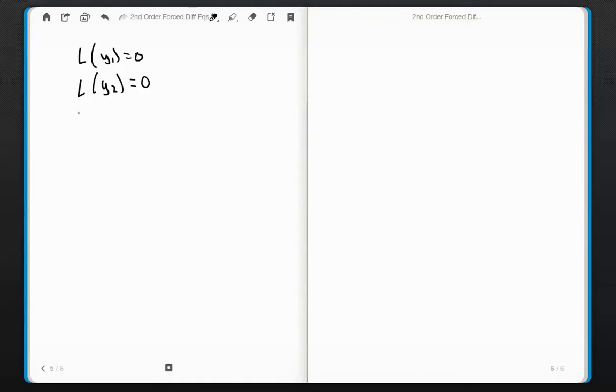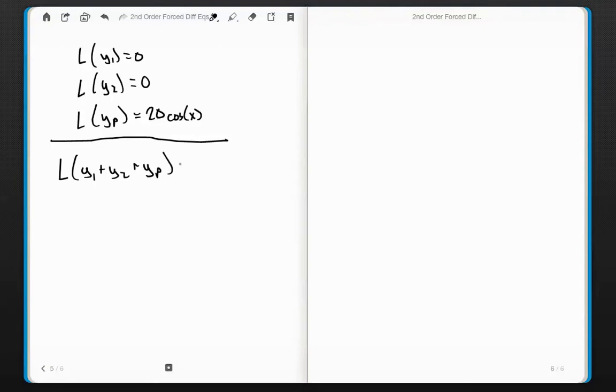And L of y particular, I got 20 cosine of x. So what do I do? I add them up. That's what calculus is all about, adding stuff up. So L of y1 plus y2 plus y particular is going to equal 0 plus 20 cosine x. So that's going to equal 20 cosine x.